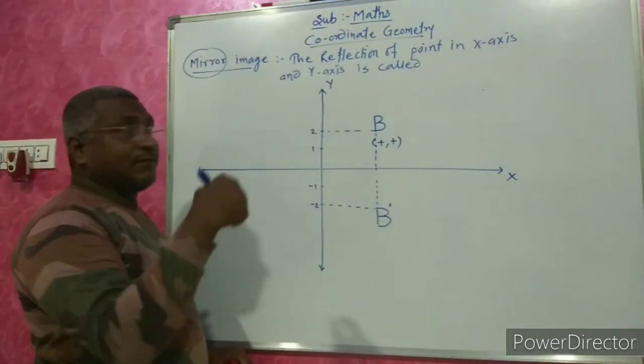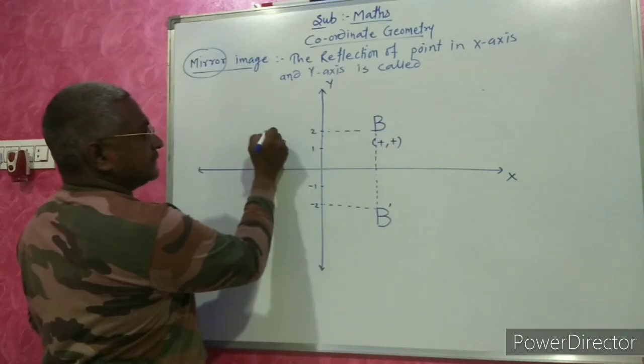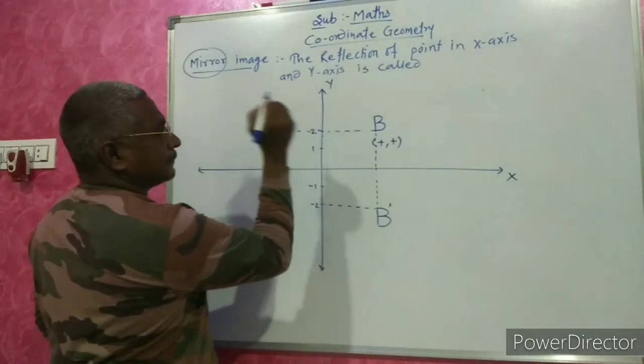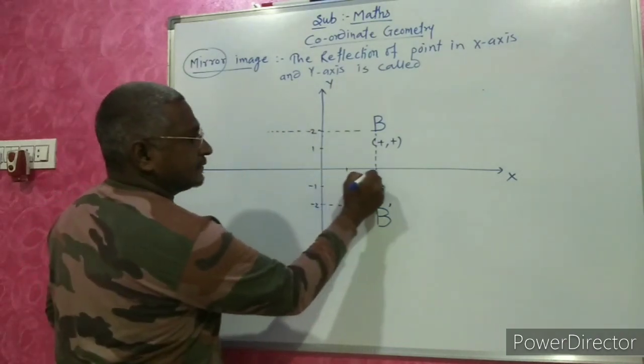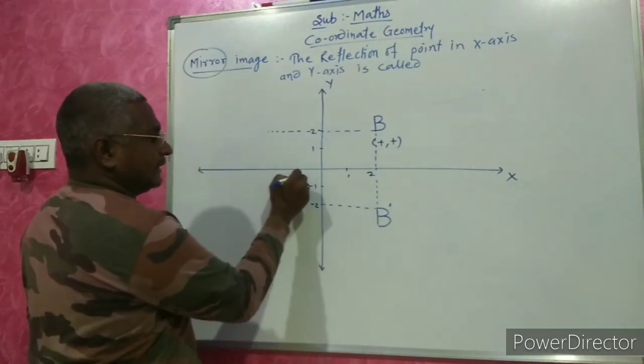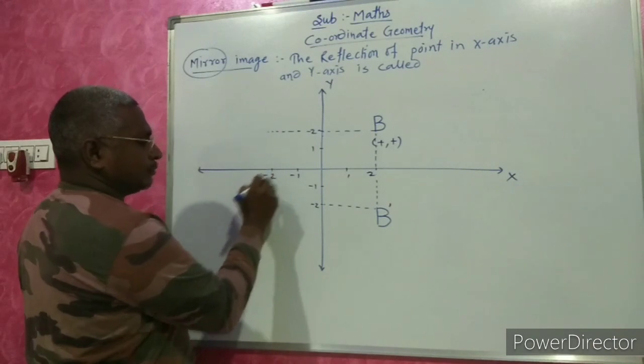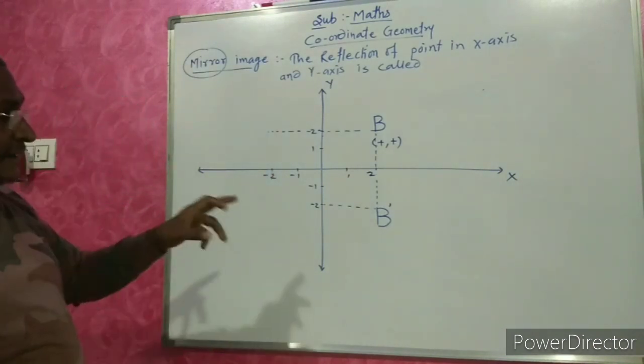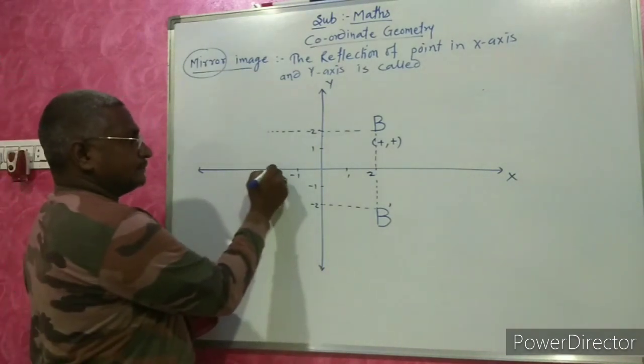Now if they ask in the y-axis, the y-axis means this here. Suppose here 1, here 2, and here also -1, -2, at the equal distance here.